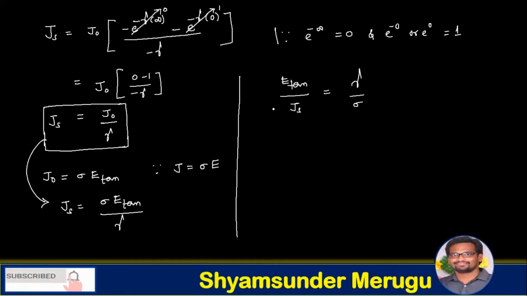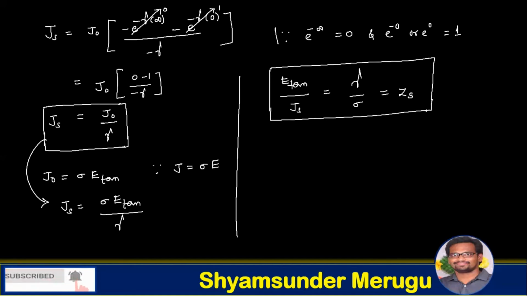And as per the definition, the ratio of the tangential component of the electric field to the surface current density, and the ratio of the propagation constant to the conductivity, is nothing but the surface impedance. So this is the proof of the surface impedance.